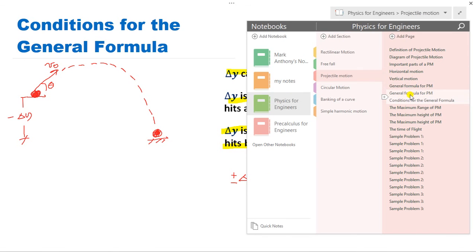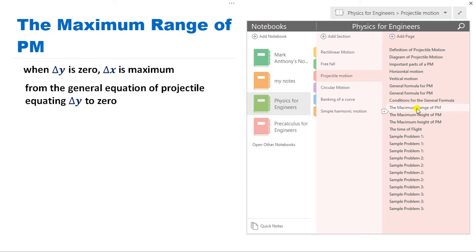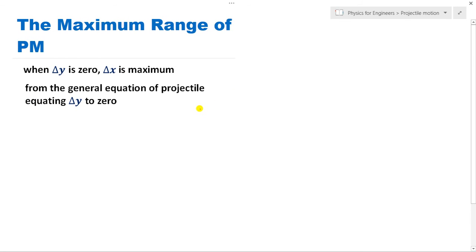Then, let's proceed to the other formulas that is needed in solving projectile motion problems. Let's talk about the maximum range. So, diba, ano nga yung maximum range natin? Recall, if we have an object subject to a projectile motion, thrown at a certain angle with initial velocity, follows a parabolic path, and then if the impact has the same elevation with the point of release, therefore, we can say that their horizontal distance is our maximum distance or maximum range.